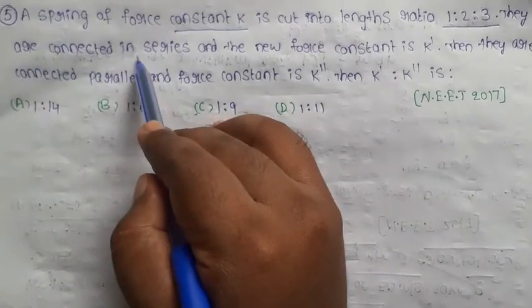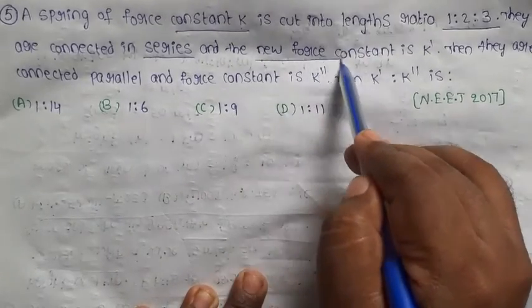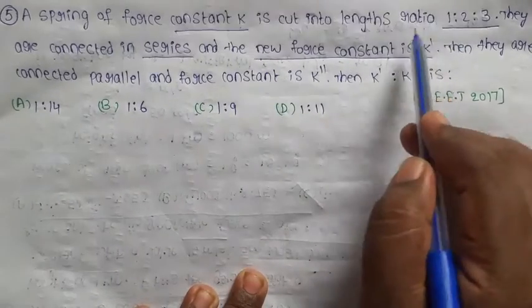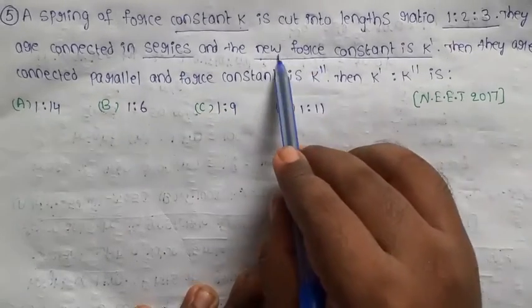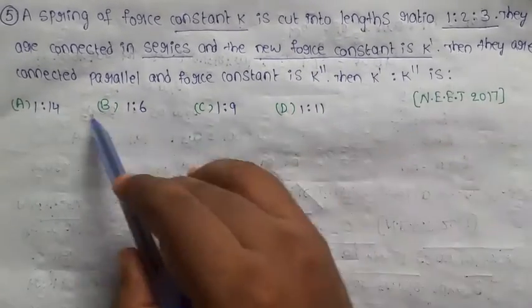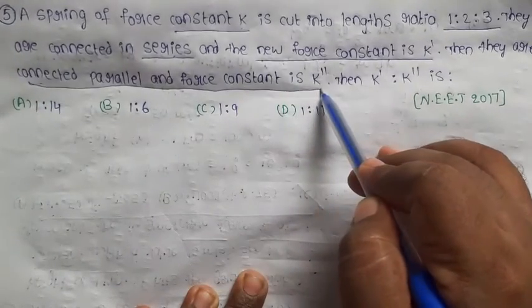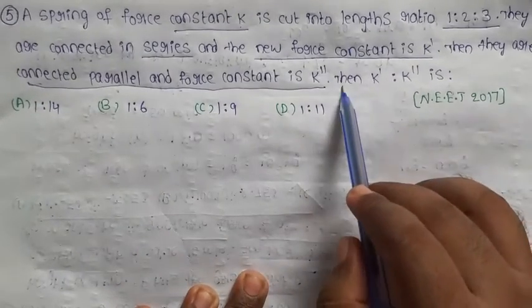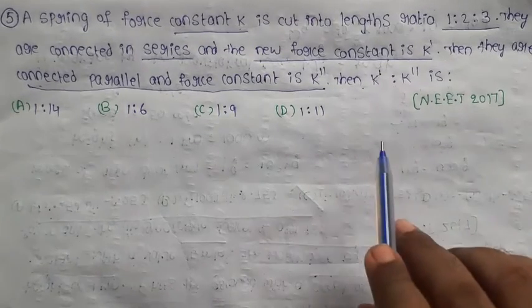They are connected in series and the new force constant is k dash. Then they are connected in parallel, force constant should be k double dash. Then k dash is to k double dash.